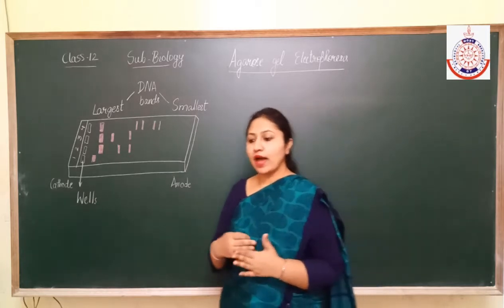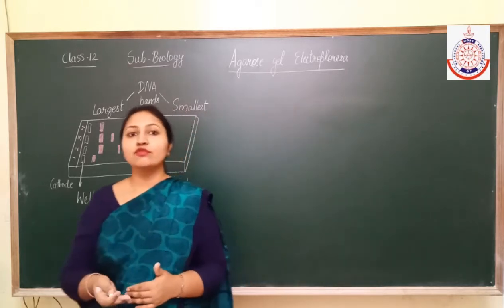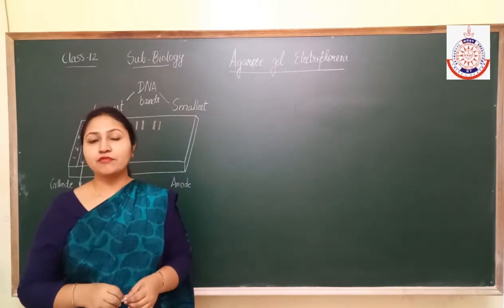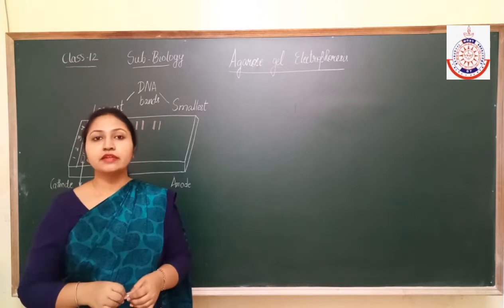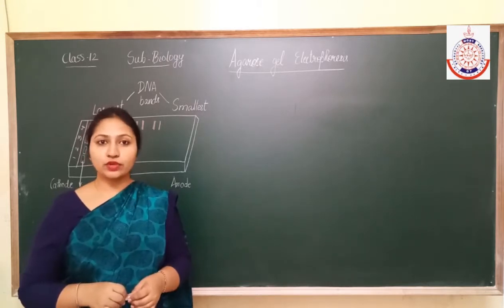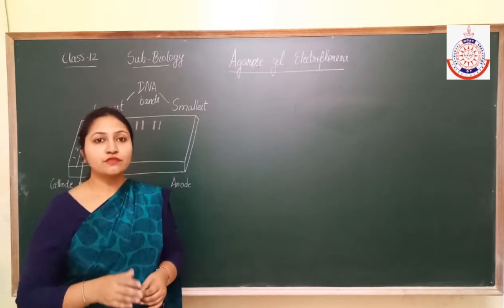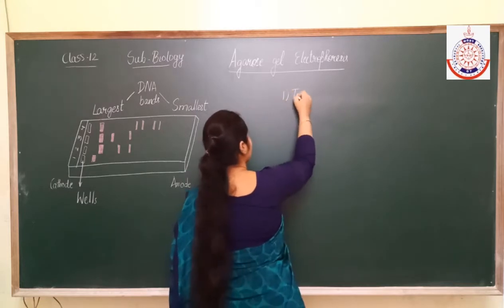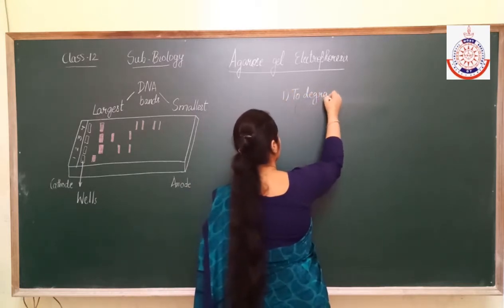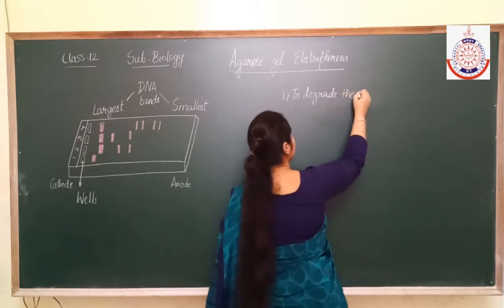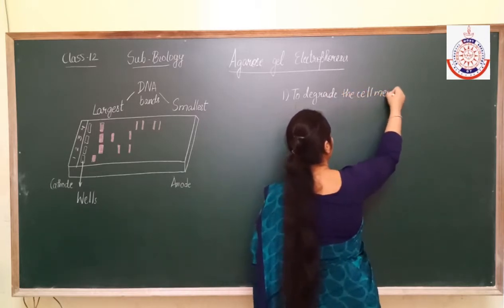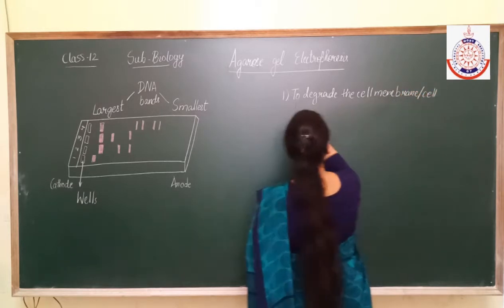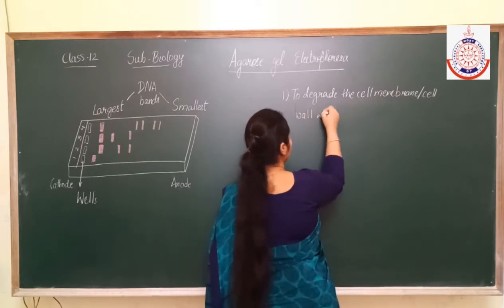First, you have to isolate the DNA from the cell. The cell contains the DNA, and where is the DNA present in the cell? DNA is present in the nucleus region. So the first step is to degrade the cell membrane or cell wall with the help of enzymes.